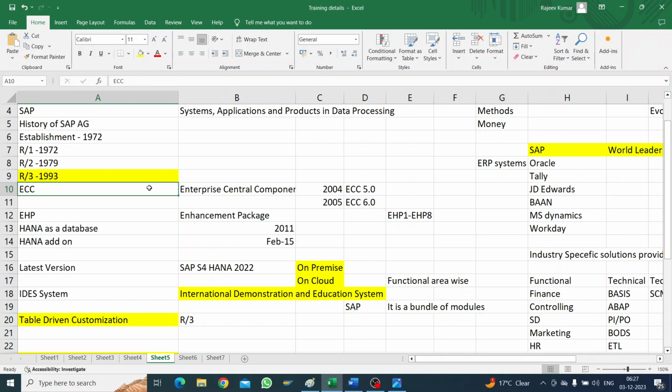So all the maintenance cost, infrastructure setup cost, data center cost, and server cost will be borne by the company itself, and it will be set up at the company's premise itself. That is why it was called on-premise.